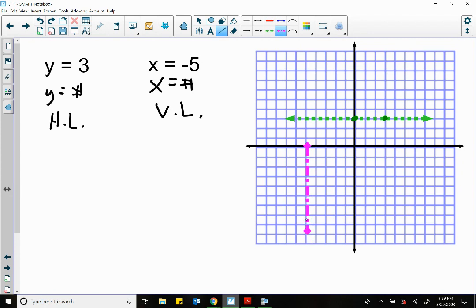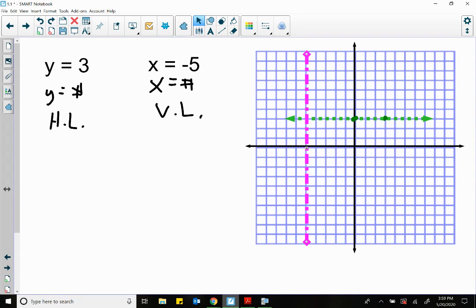Okay, just like what we talked about with the horizontal. So we're going to plot anywhere that we want along that line. So I'll just do right down here at -5, -10. Okay, and there's the line. This is the line of x equals -5. And of course, it should be over a little bit more. There we go.